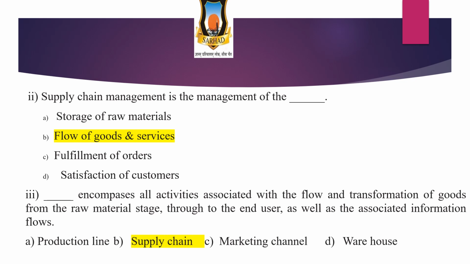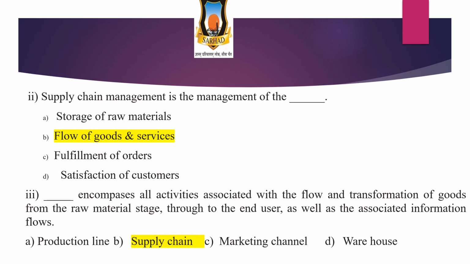The second is: supply chain management is the management of, options are given here: storage of raw materials, flow of goods and services, fulfillment of orders, satisfaction of customers. The correct option is flow of goods and services.